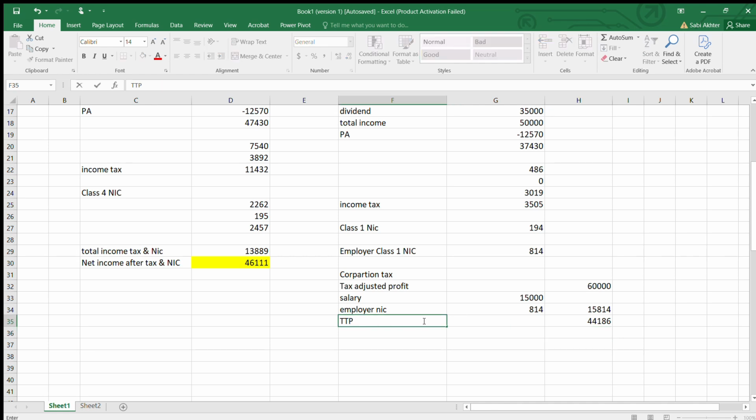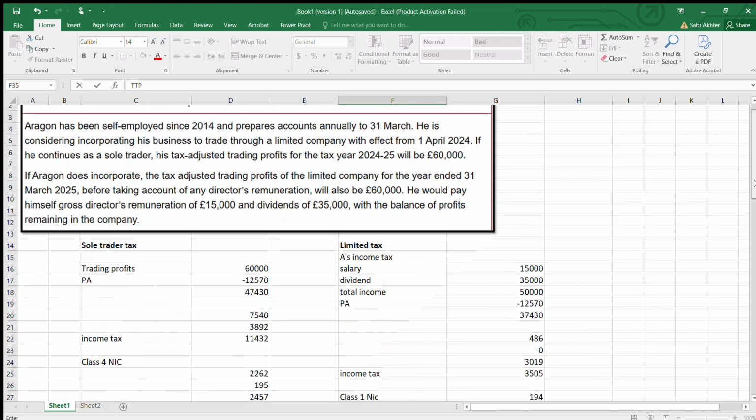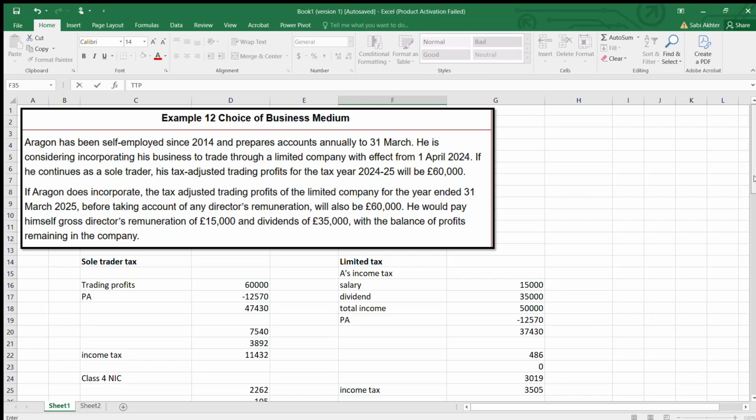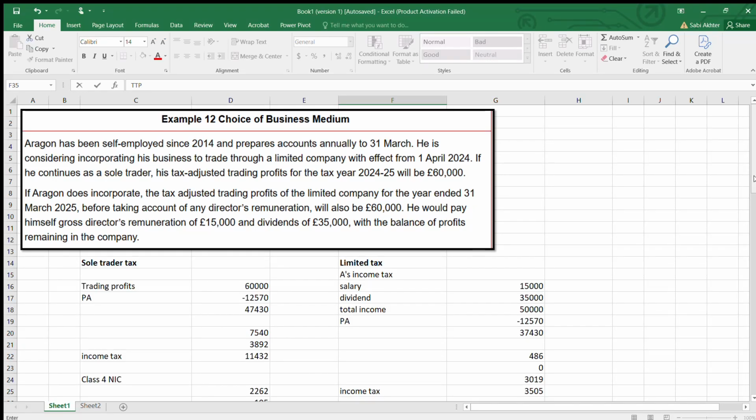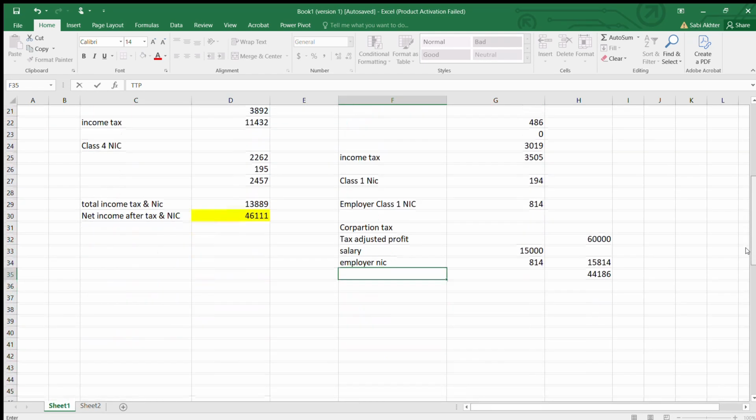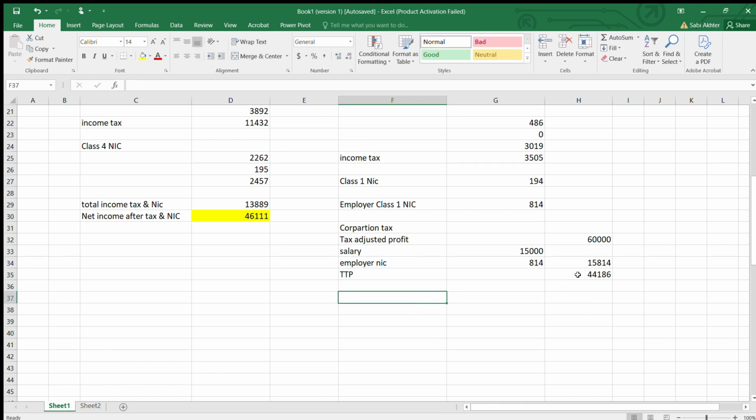TTP, taxable total profit. Now you have to pay tax. At what rate? This is which financial year? 2025. So there are two rates for financial year 2024. Small profit rate 20 and main rate 25.